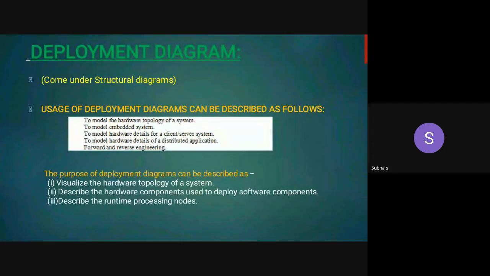Based on the question scenario I put it on the slide. Please go through it. That is the purpose. Purpose is different from usage.